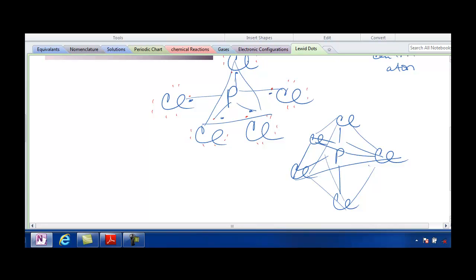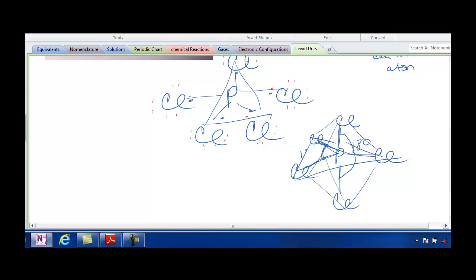What are the angles between that chlorine and that chlorine? That's a straight line. So what is that angle? 180. What is the angle between this chlorine, this phosphorus, and this chlorine? No. This is a triangle.